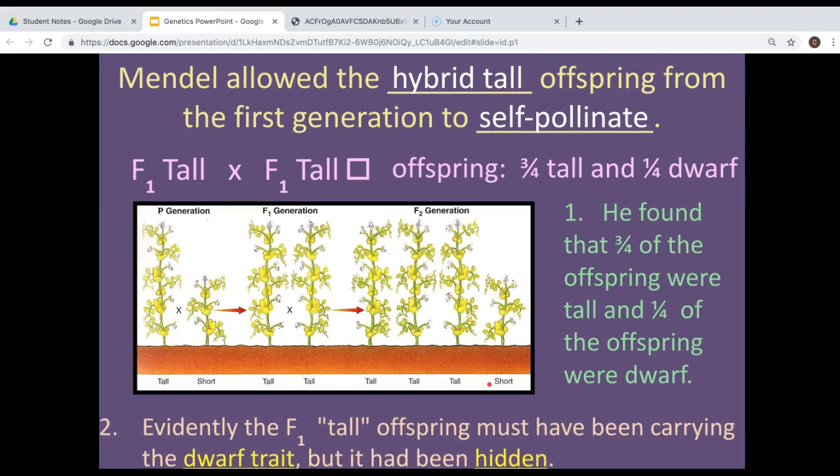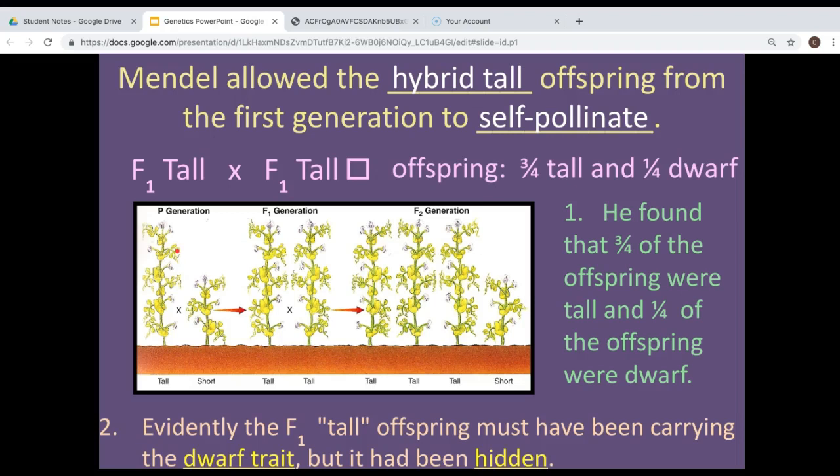So that told him something. Evidently, the first generation tall plant that came from this P generation had to be carrying the dwarf trait, but in the tall plants it had to be hidden, because if it wasn't hidden, it would be short, or it'd be a mix.